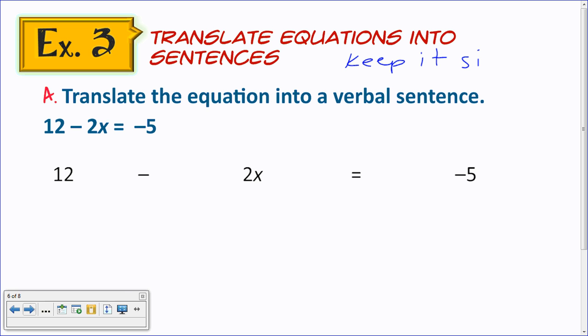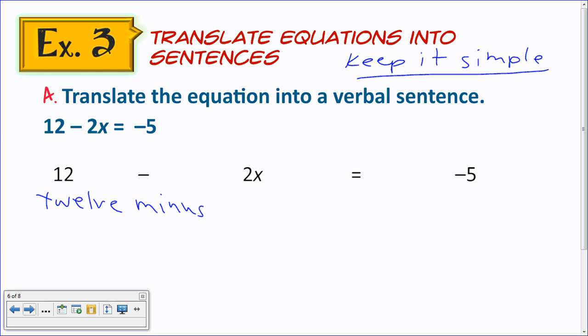Keep it simple. Just the word 12. For that one, what would I put? Minus. Even though there are some other terms, you can put less than, subtracted by, the difference of, just put minus.